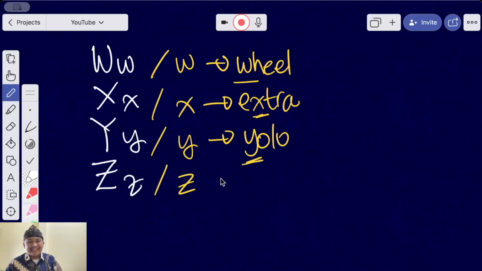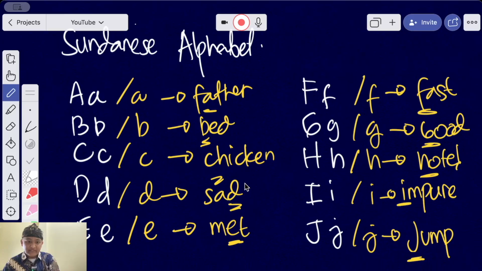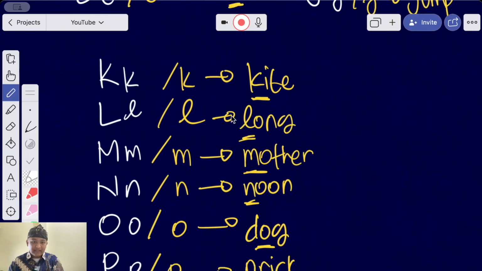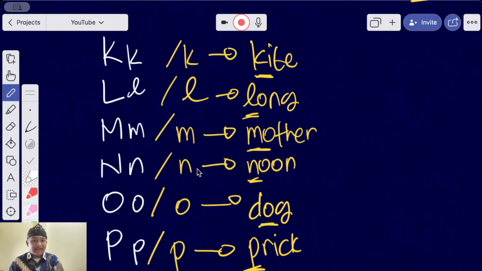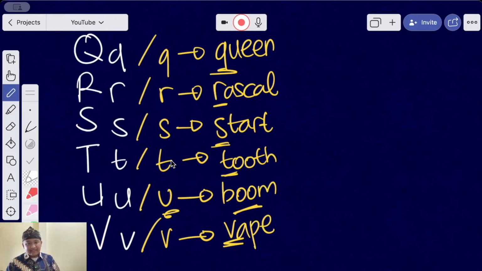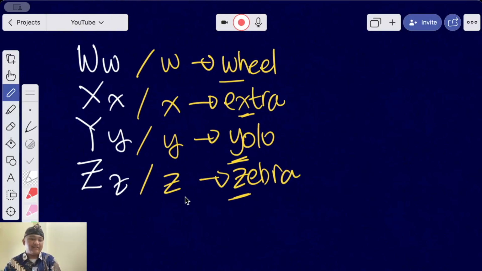This one is Z, as in zebra. So all Latin letters have one voice: A, B, C, D, E, F, G, H, I, J, K, L, M, N, O, P, Q, R, S, T, U, V, W, X, Y, and Z.